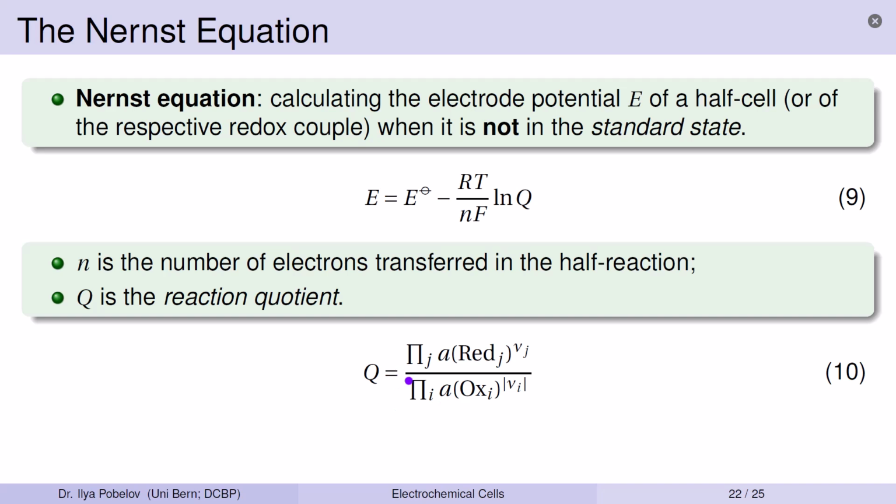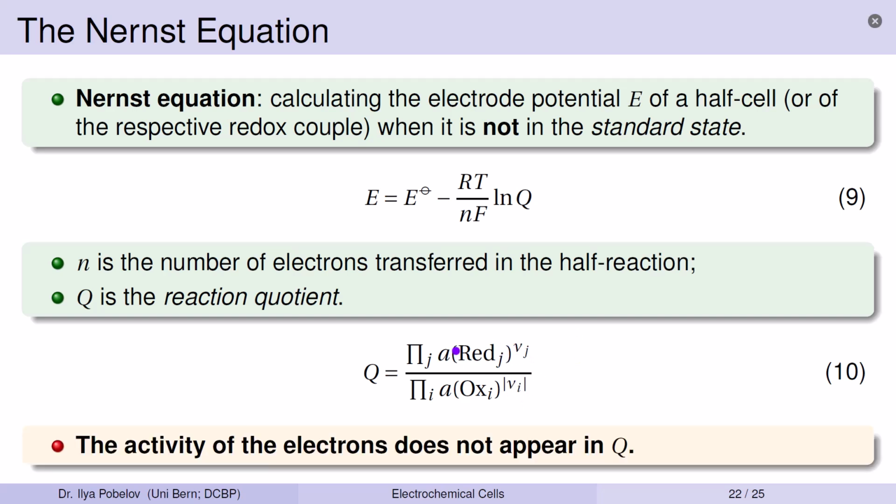The reaction quotient Q is the ratio of the activities of the products to the reactants, each raised to the power of their stoichiometric coefficients. Note that the activity of the electrons does not appear in Q. The Nernst equation is useful in determining how changes in concentration and pressure of reaction participants as well as of temperature affect the electrode potential of a half cell.